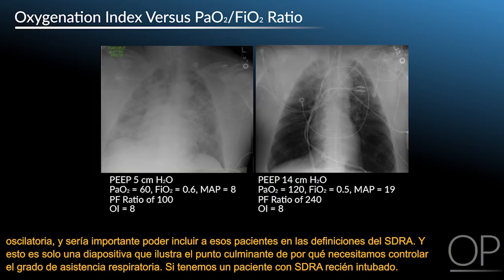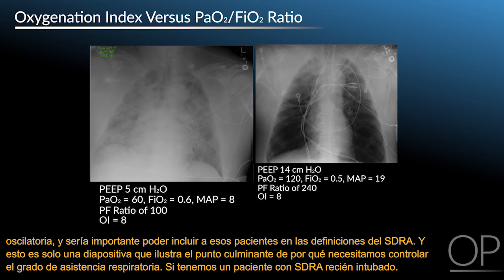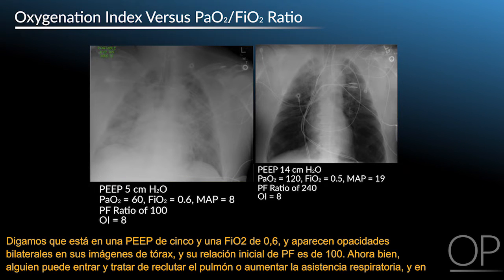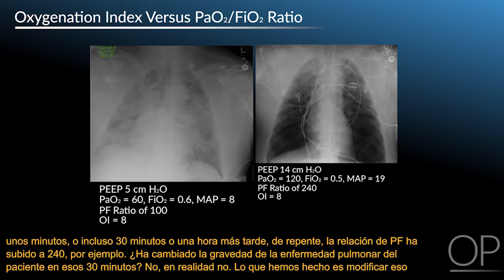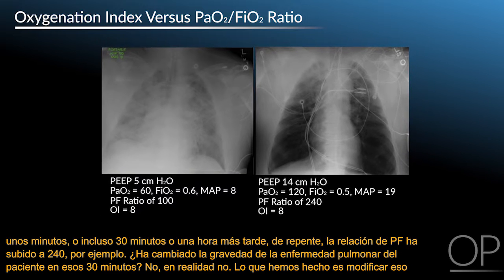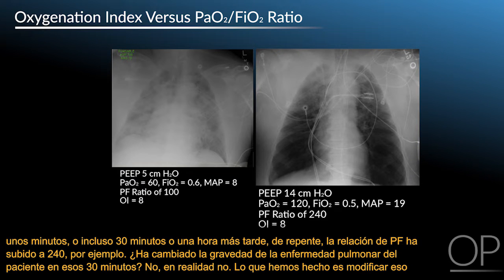And this is just a slide that illustrates why we need to control for the degree of ventilator support. If we have a patient with ARDS who is freshly intubated, let's say they're on a PEEP of 5 and an FiO2 of 0.6, with bilateral opacities on their chest imaging, and their initial PF ratio is 100. Now, somebody may come in and try to recruit the lung or turn up the ventilator support some, and in a few minutes or even 30 minutes or an hour later, all of a sudden the PF ratio has gone up to 240, for example.